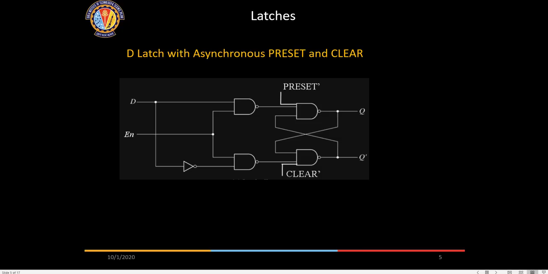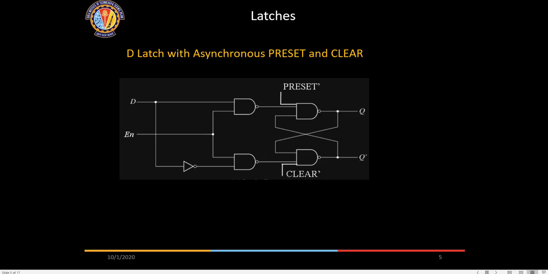So this gives us the flexibility to interrupt the operation and put the flip-flops to the desired state. This is going to override all inputs, including the clock. The preset and clear are not dependent on the clock or the D or the enable. They directly slave the output to the desired levels. So that is the design requirement.